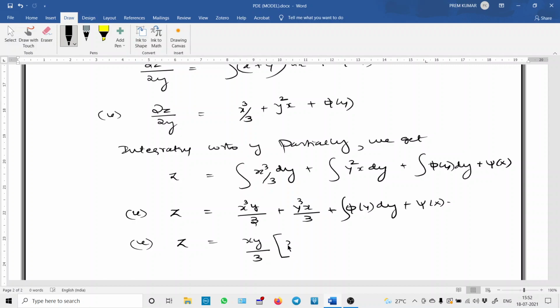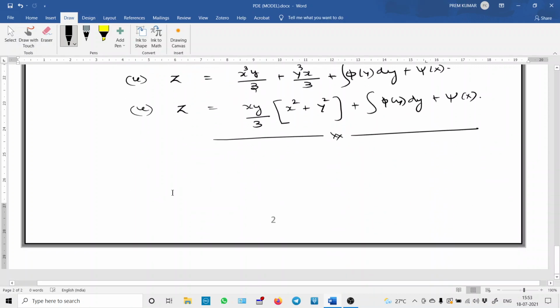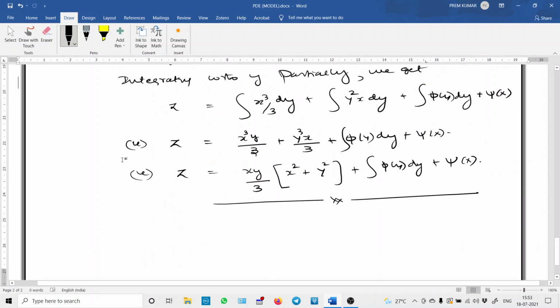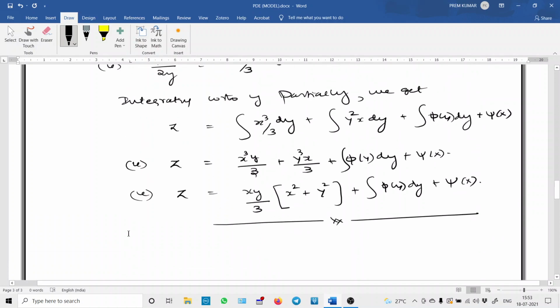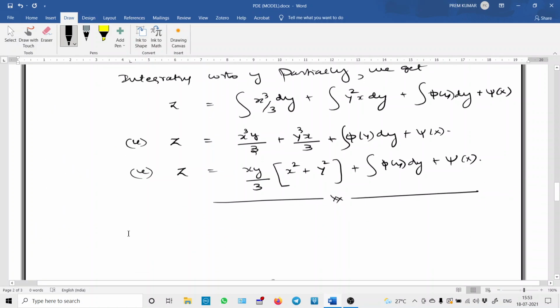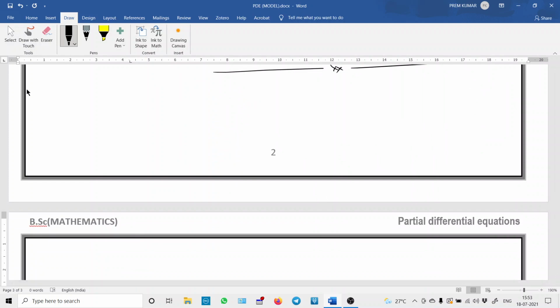The remaining is x square plus y square, plus integration of pi of y, plus psi of x, and this is the required solution. And now this completes the fourth problem. Now we go to the next problem, number 5.